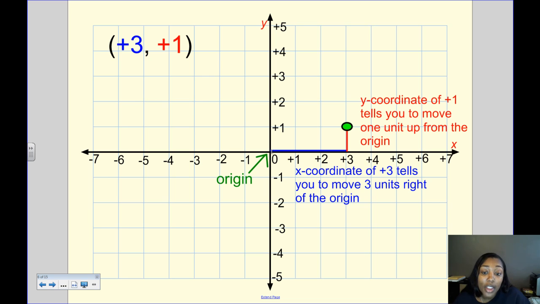Because it's a positive 3, we move 3 units to the right. Then the Y coordinate is a positive 1, so we move 1 unit up. If we go 3 units to the right and 1 unit up, we find that this point is located at positive 3, positive 1. So the ordered pair is 3, 1.